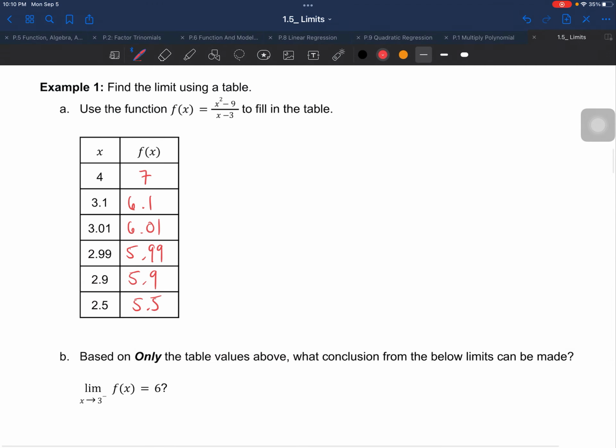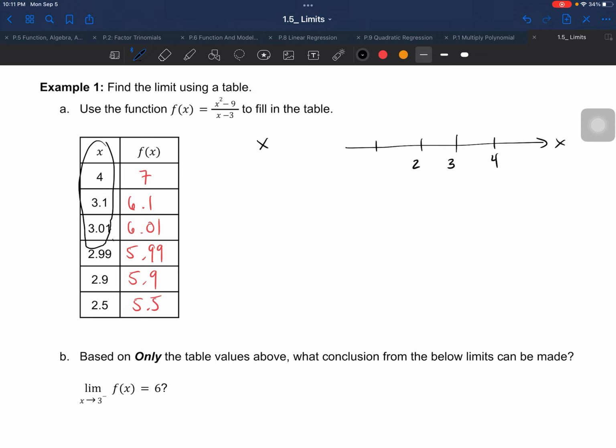So all right, what we have here, if we write ourselves a note, is that it seems like x is approaching the value of 3, right? If we see the number line of x, you have 4, you have 3 here, you have 2 there.